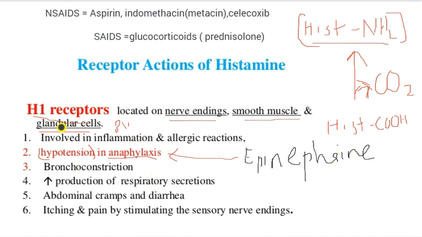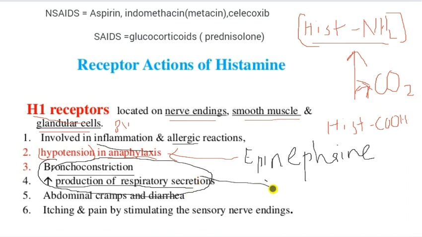So H1 receptor is involved in allergic reaction, inflammation, bronchoconstriction, and increased production of respiratory secretions. Bronchoconstriction and increased respiratory secretion lead to asphyxia.